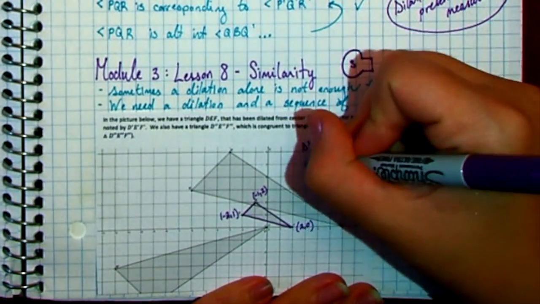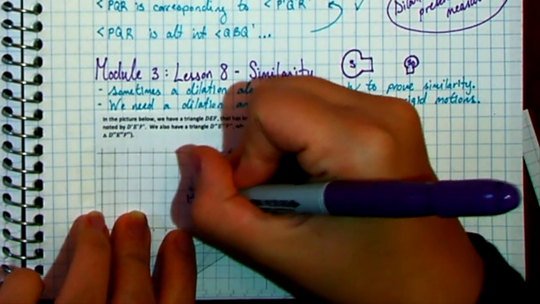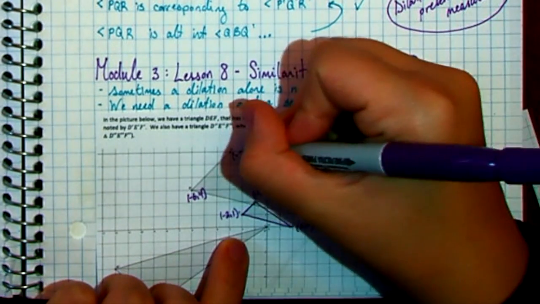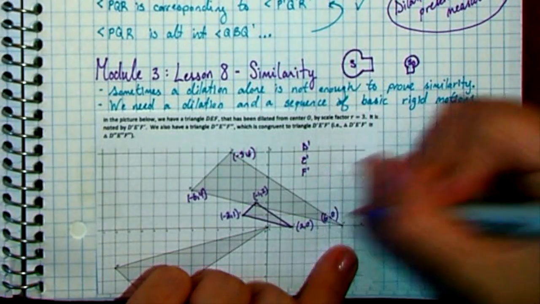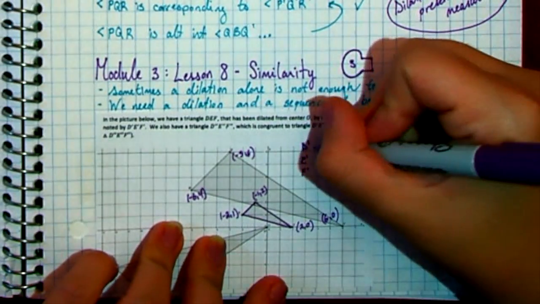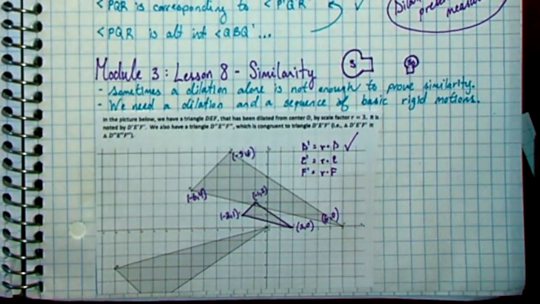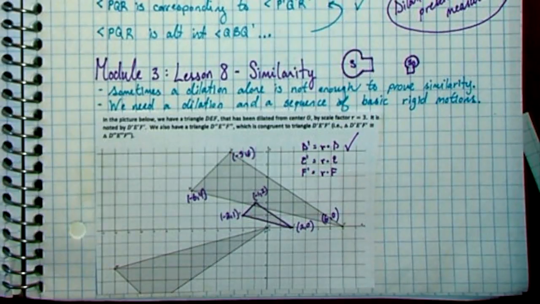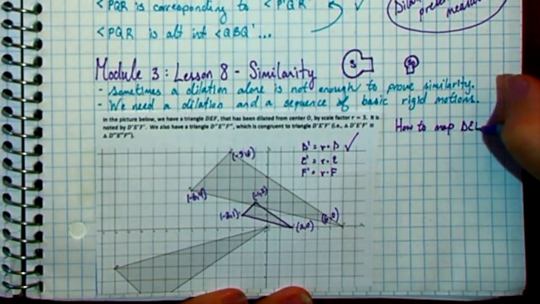What's important here? How do I know that DEF is similar to D double prime, E double prime, F double prime? Well, first I'm plotting all my coordinates here, and I see that DEF is a dilation with a scale factor of 3 to D prime, E prime, F prime.